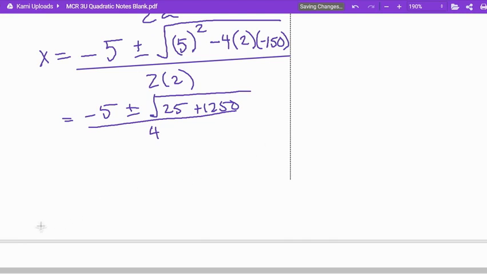Oh, wait, Miss Sly, you made a mistake. Yeah, you say 1200. I feel like this is 1225. Is the square root of it 25? 35. 35? Interesting.